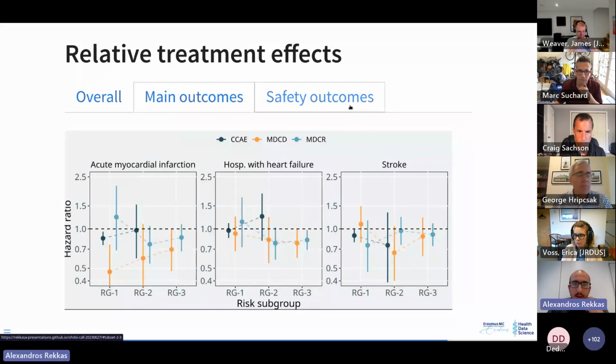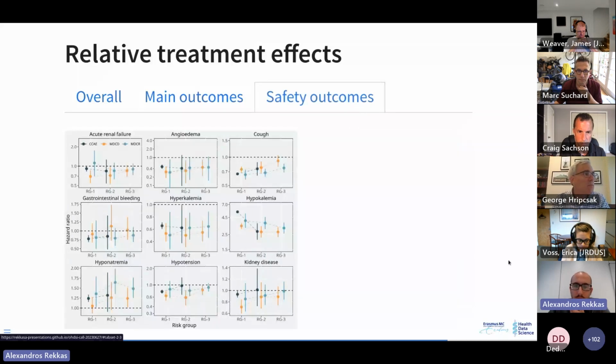And when we look at the nine safety outcomes that we considered, some things pop up right away.